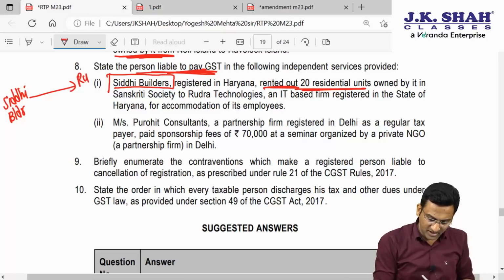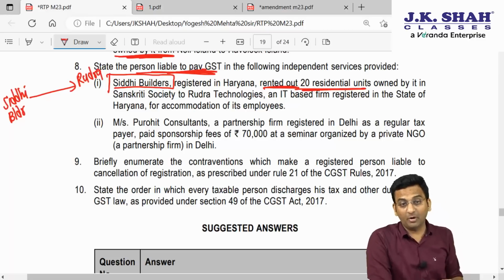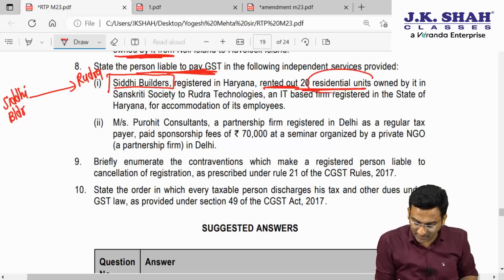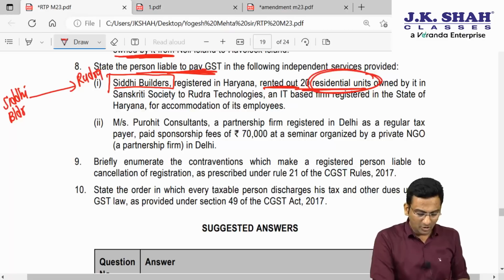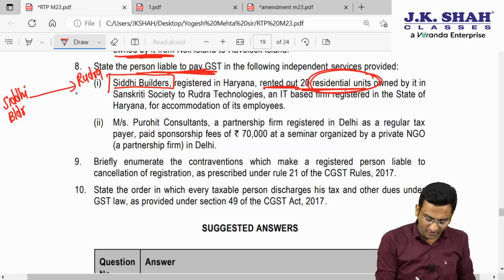Siddhi Builders are letting out the property to Rudra. And which kind of property is it? It is a residential property, residential units. Rudra Technologies is an IT based firm. Rudra is registered in the state of Haryana. Correct friends?